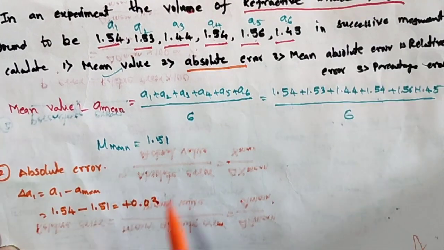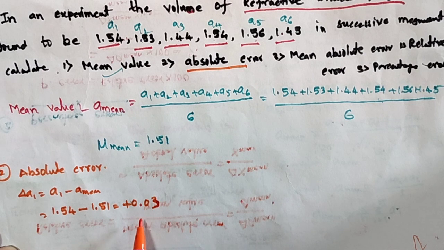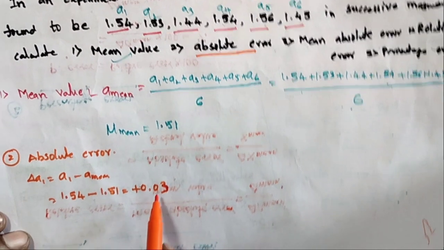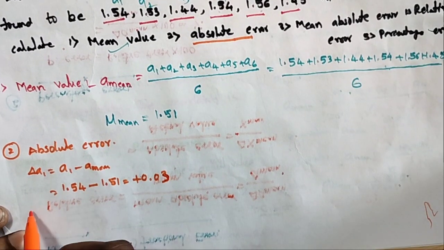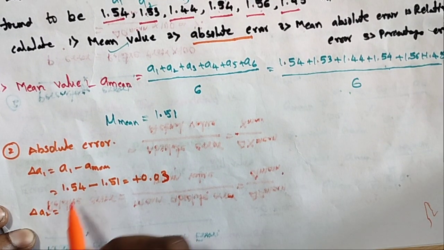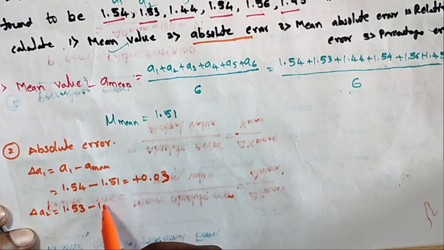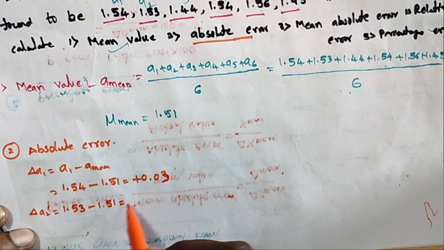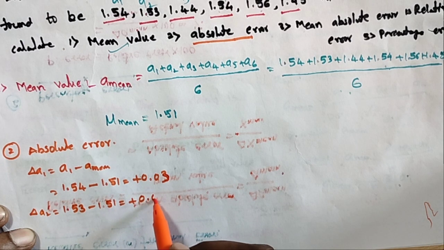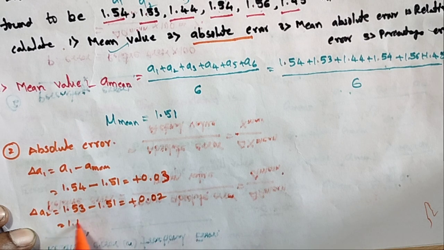This is the first absolute value. Second, delta a2: the measured value 1.53 minus the mean value 1.51 is plus 0.02. Similarly, 1.44 minus 1.51.